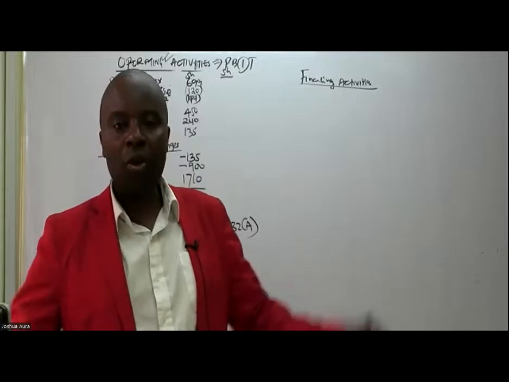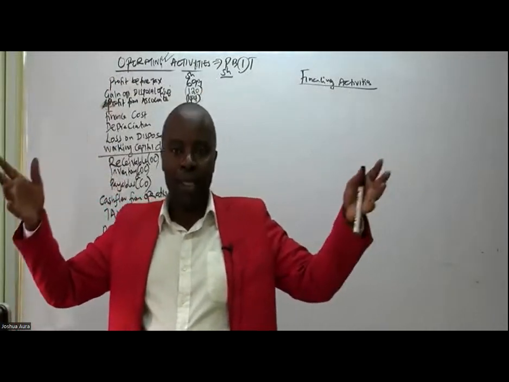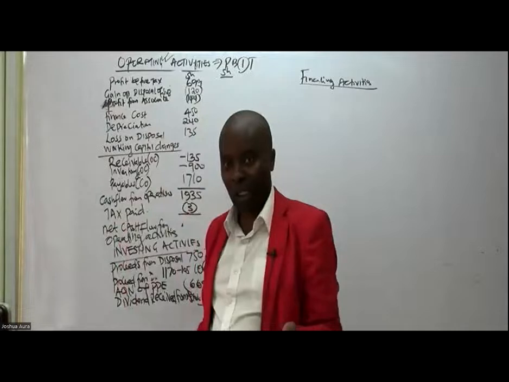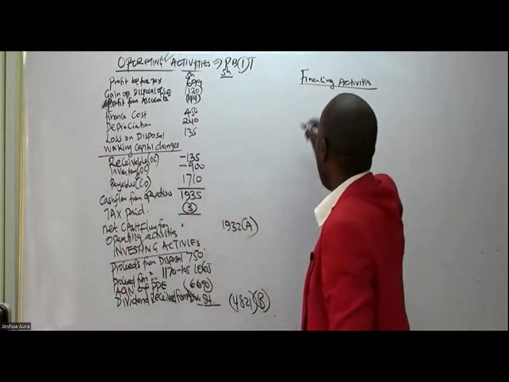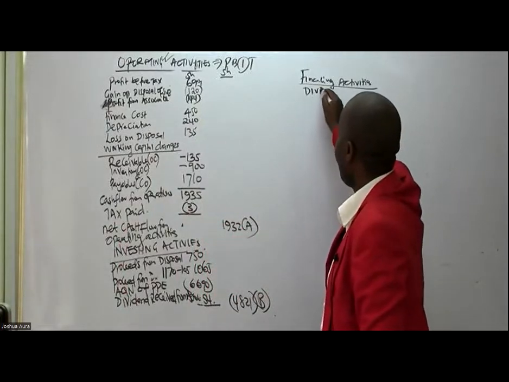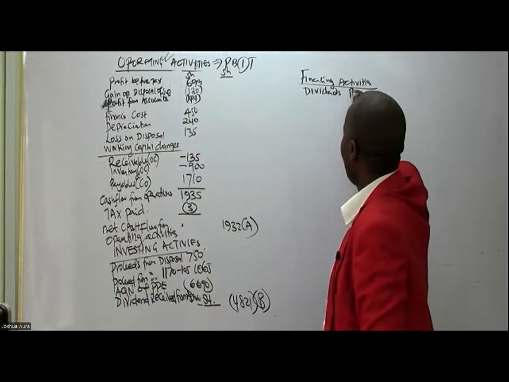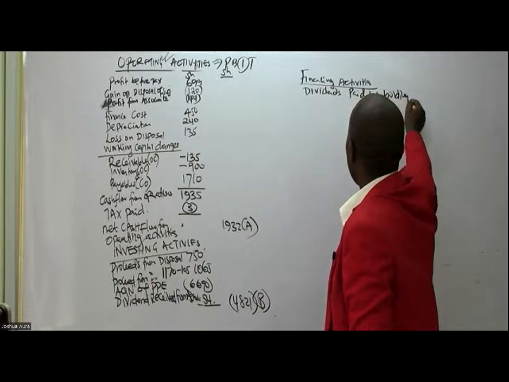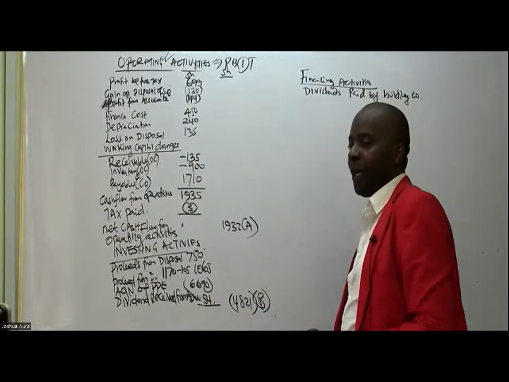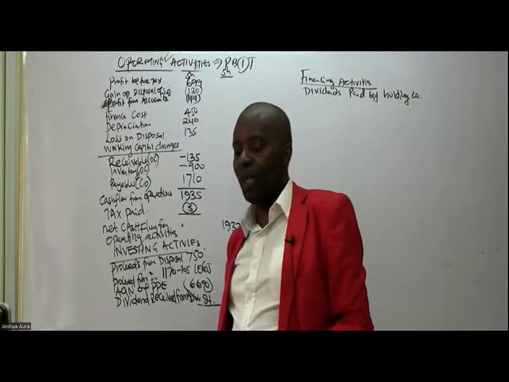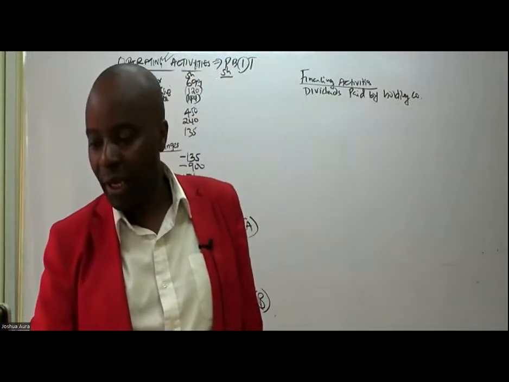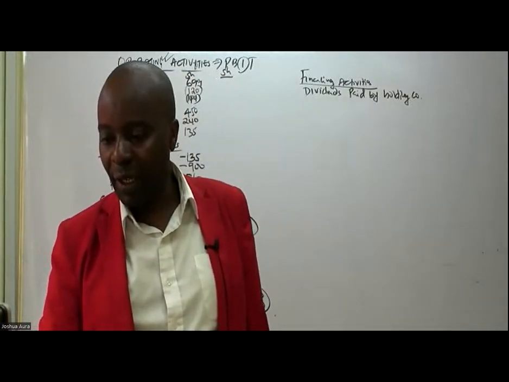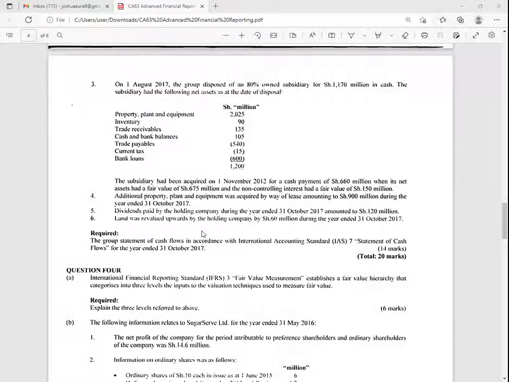It has its own owners, shareholders, so it paid. Remember, these are group cash flow statements. Dividends paid by the holding company, they have given us a figure.